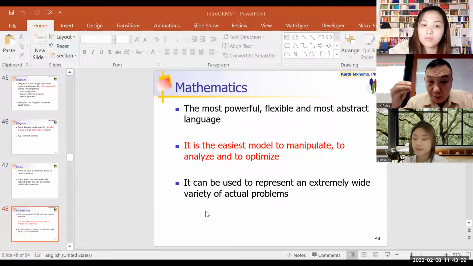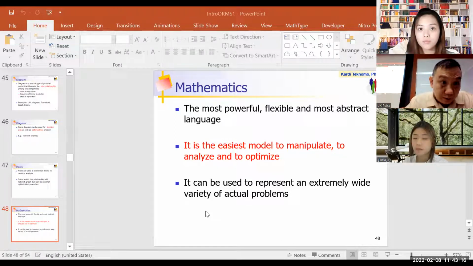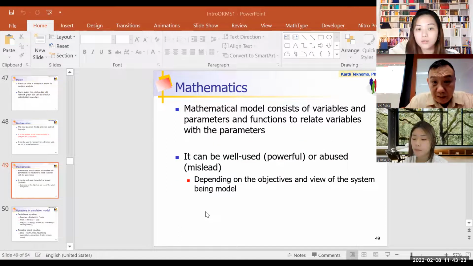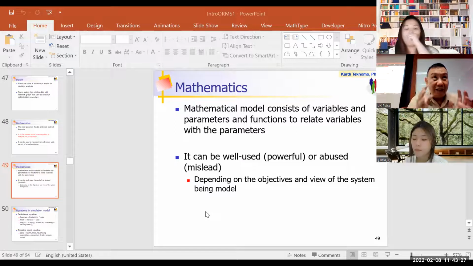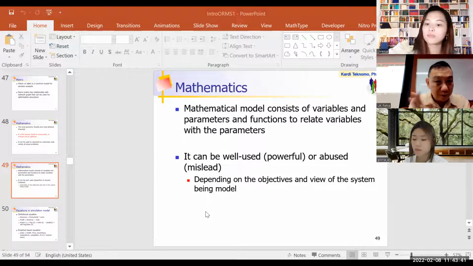Using mathematics is a universal language, meaning that you can use the same language all over the world. So I see mathematics as a language. And if you look at it, it is actually very simple. It's just variables, parameters, and functions that relate the variables to the parameters.